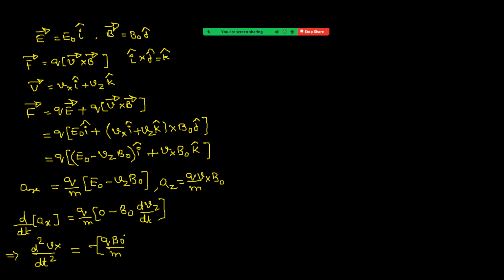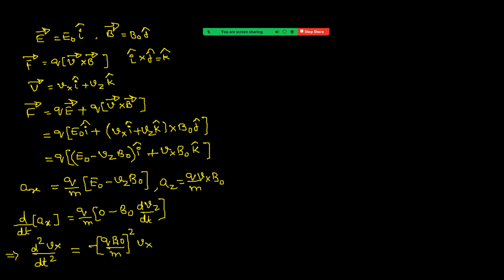This becomes squared, and the remaining is Vx. So in place of dVz by dt, the z component of acceleration, we write Q by M B naught into Vx.